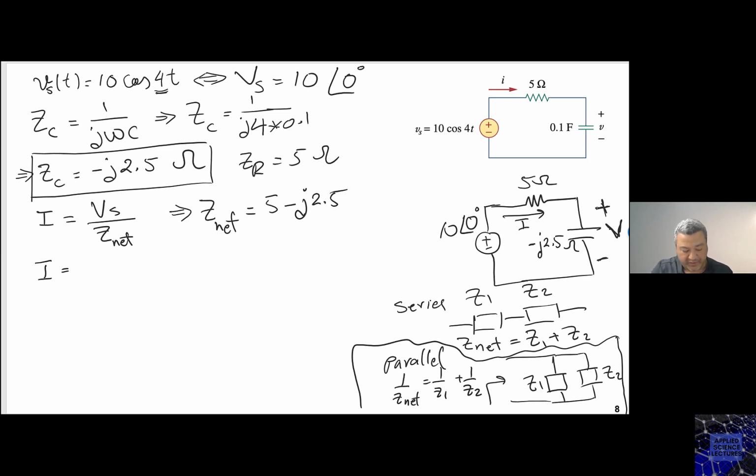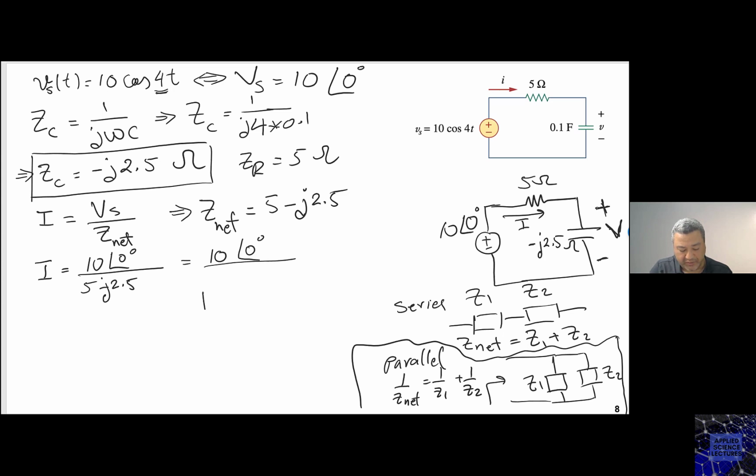So what I should be doing is convert the Z net into the same format. So I have here Vs as 10 at 0 degrees divided by 5 minus 2.5j. So again, how do we do this? We have seen how we do this.